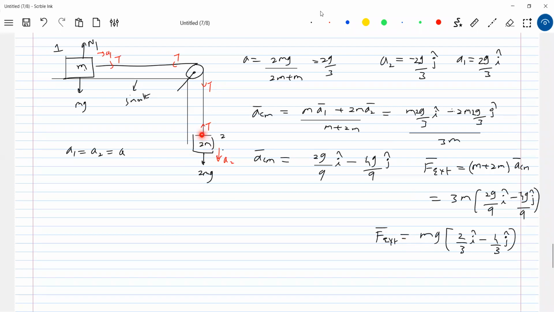There we were bothered only about the motion of the blocks in laws of motion. Here we are bothered about the motion of the system. System means what here? M and 2m. Now, what makes the acceleration of center of mass move along the x-axis?